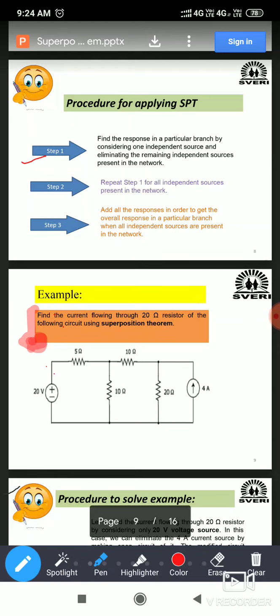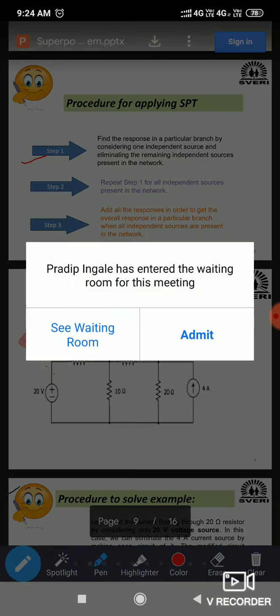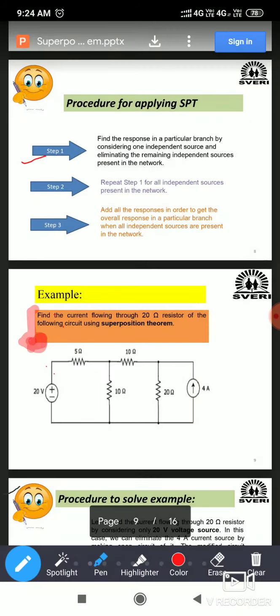First of all, see whether it is an AC network or a DC network, that is, the type of sources. After that, observe how many independent sources are present in the given network. If there are at least two or more, then you can start to apply the superposition theorem.